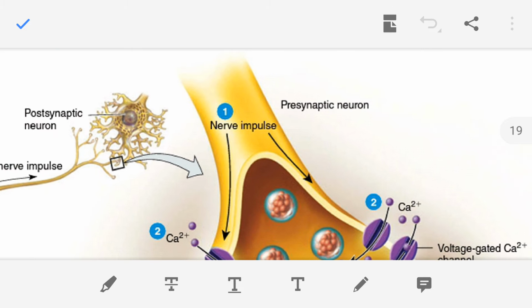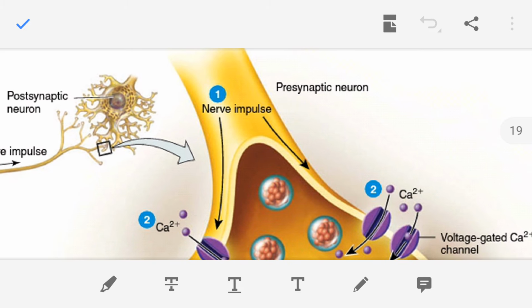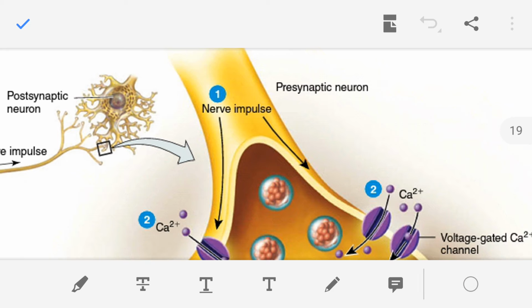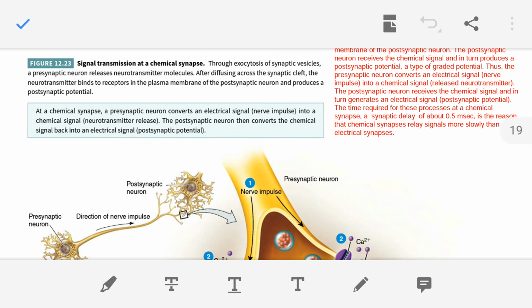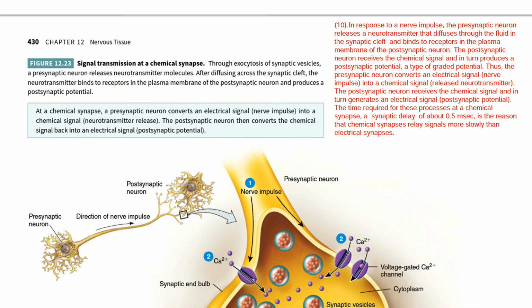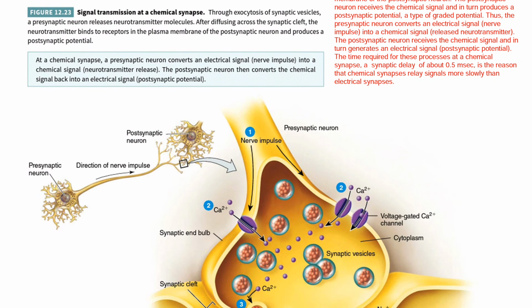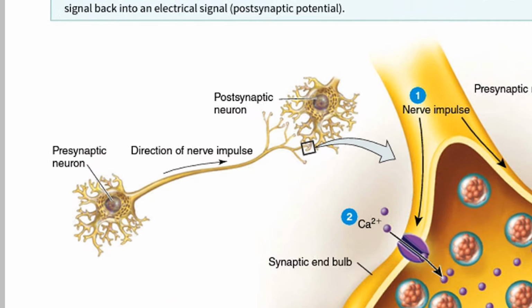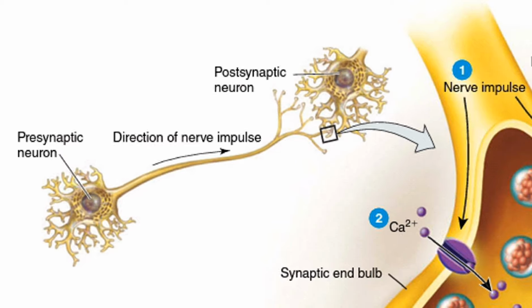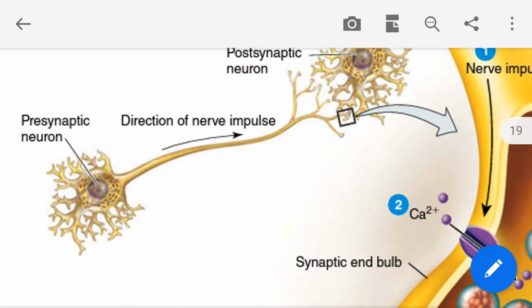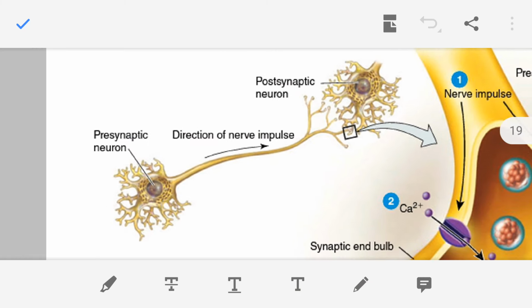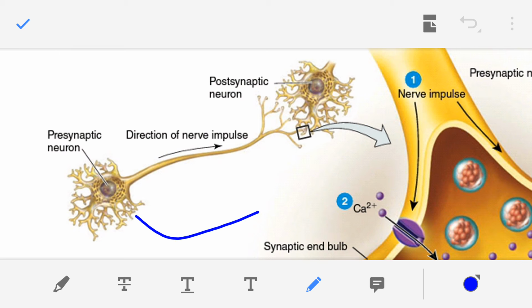See what is happening. First you see these two cells. I'm showing you this entire figure, and this figure is showing all the events at the chemical synapse. So these are the two cells.